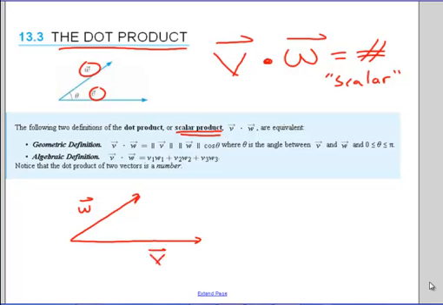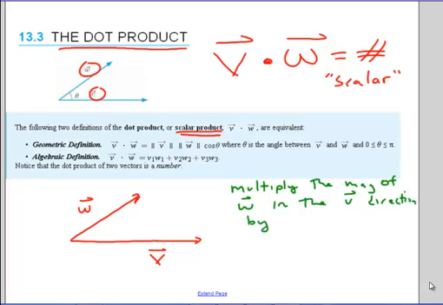We are going to multiply the magnitude of w that's in the v direction, and we're going to multiply that by the magnitude of v.